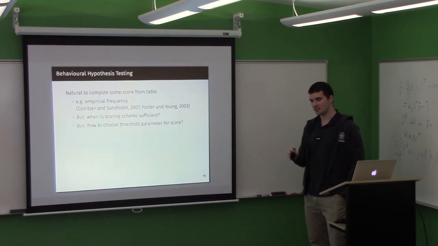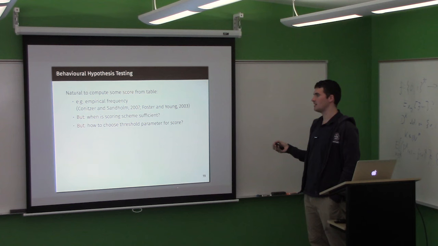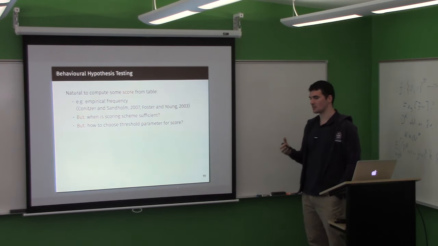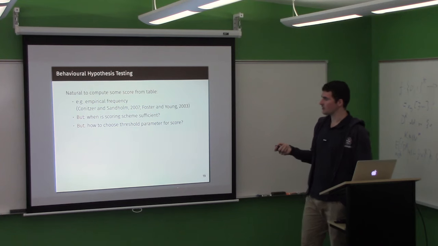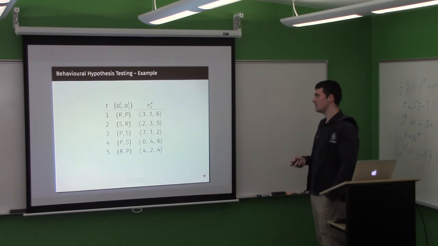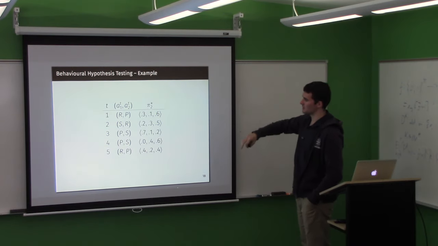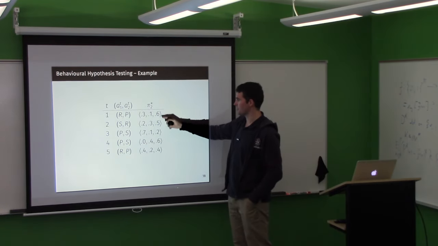And while this is relatively simple and appealing, there are also two big issues. One is the question of when your scoring scheme is sufficient. By sufficient, I mean, when do you know that it's sufficiently informative and discriminative enough for you to make this decision? If you take the empirical frequency and go back to this example, then you can tell immediately that it's not sufficient because the distributions change drastically in all the time steps.